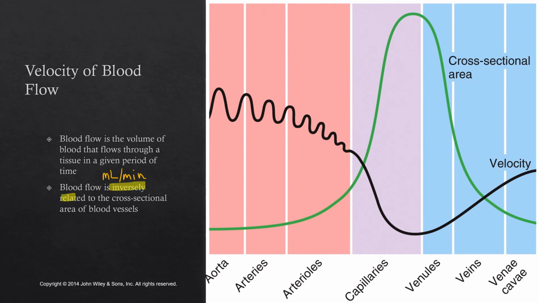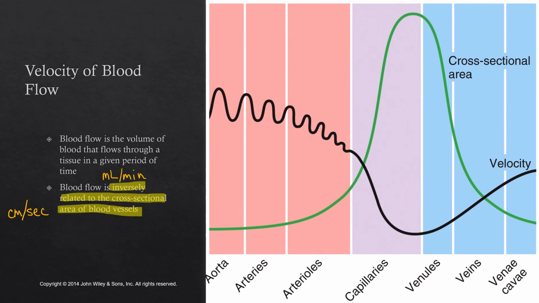So blood velocity is calculated in centimeters per second, and it's inversely related to cross-sectional area of these blood vessels.